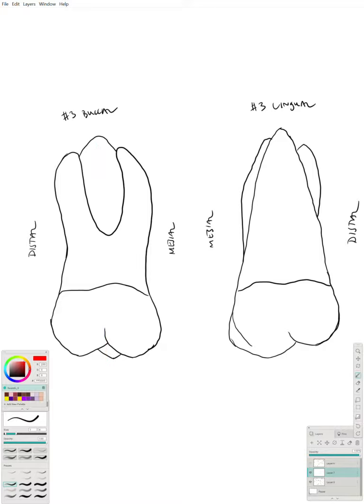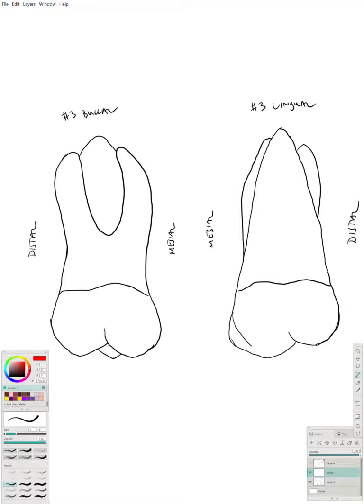So just something to bear in mind when you're trying to place that cusp there. The other thing that's a really important aspect of this view is that we have this groove right here. And this is our buccal groove. So that's, I believe, something that you guys will have to label.